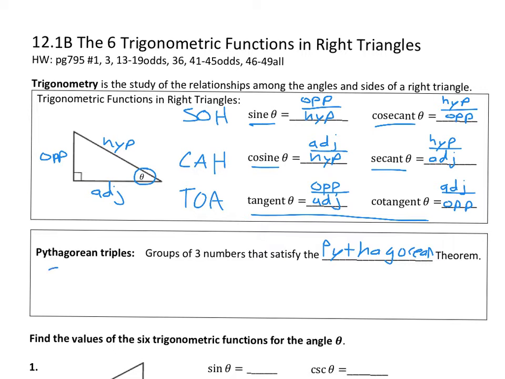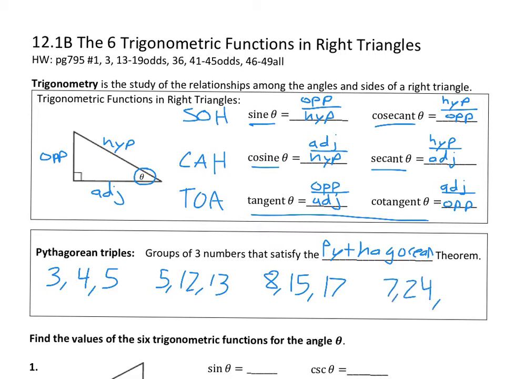So some common ones are 3, 4, 5, 5, 12, 13 also satisfies the Pythagorean theorem. Another common one is 8, 15, 17. And there's also 7, 24, 25.